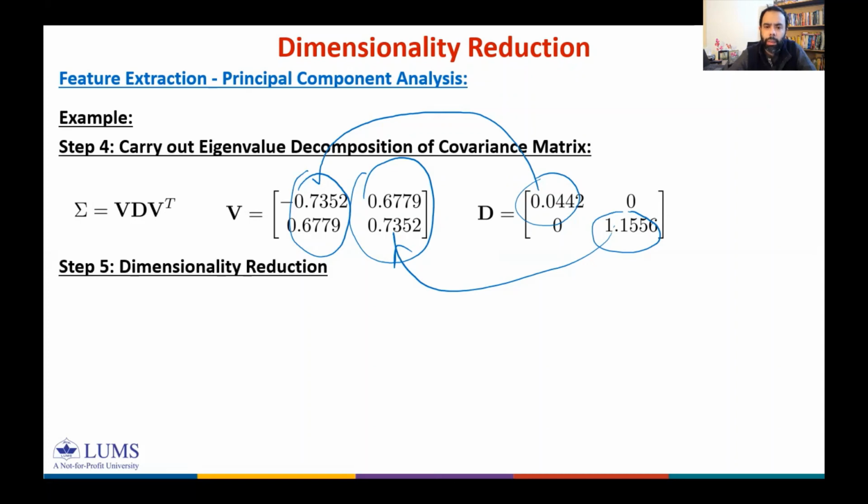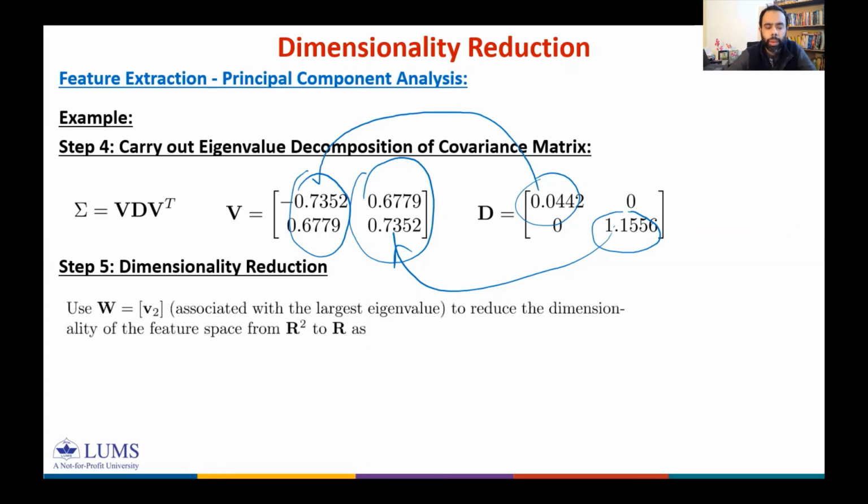And how do you construct W? K is equal to 1. I have two eigenvectors. I would like to keep one eigenvector. Which one? The one with the largest eigenvalue, right? So in this case, I will use V1 to construct W.